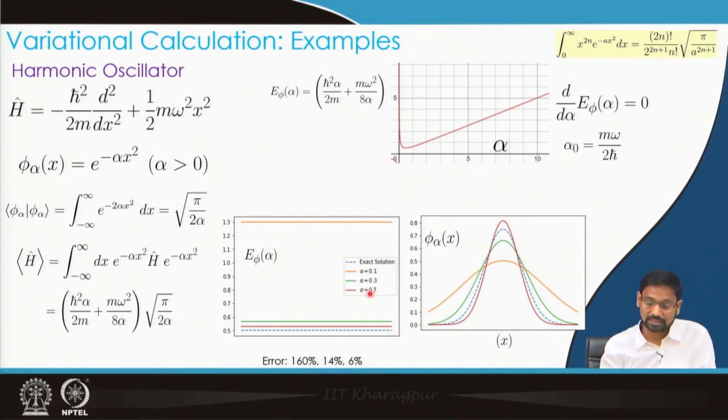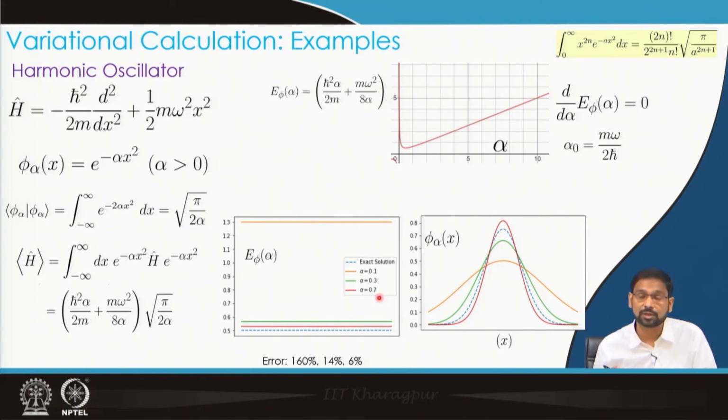But what is more important is that when I increase it further, alpha goes to 0.7, you see the red line. Then also it provides an upper bound to the true energy. So, alpha equals 0.1 is the orange line, alpha equals 0.3 the green line, alpha equals 0.5 the blue dashed line, and when I make alpha equals 0.7, it goes up, because 0.1, 0.3, 0.5 were all coming down, but when I crossed the best value alpha 0, my energy again rises.